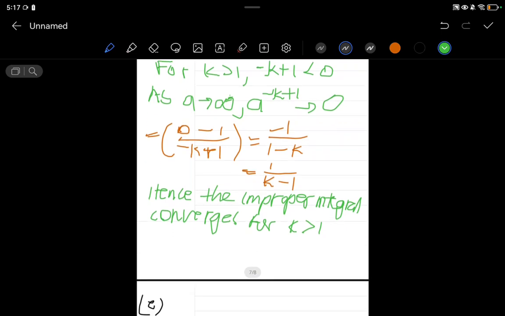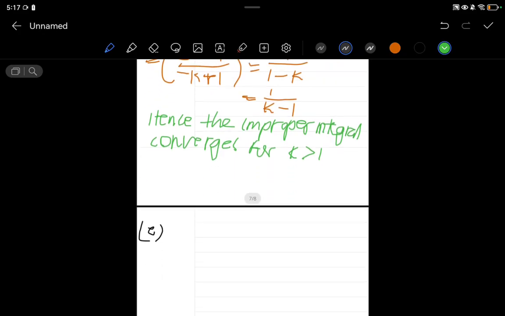Yes. All right. So now we're going to do A, right? So A is coming from your tutorial. It says the integral from 0 to pi over 2 of 1 over tan x dx.